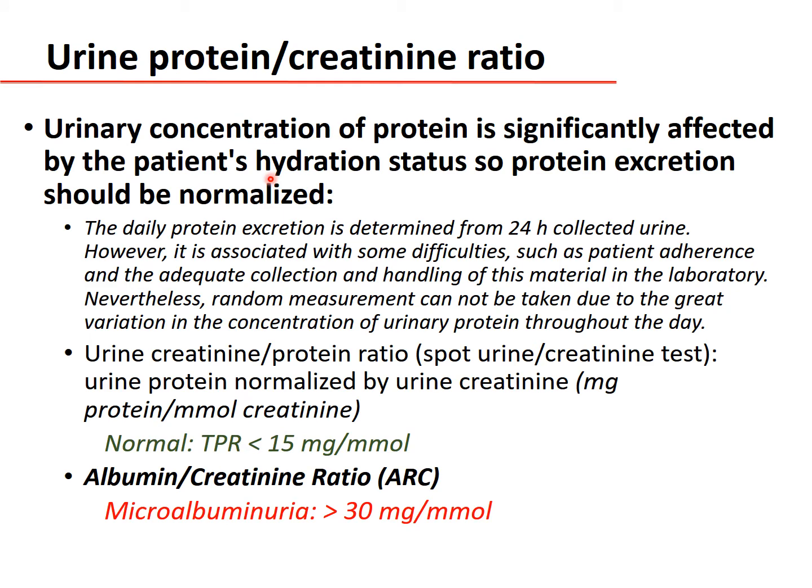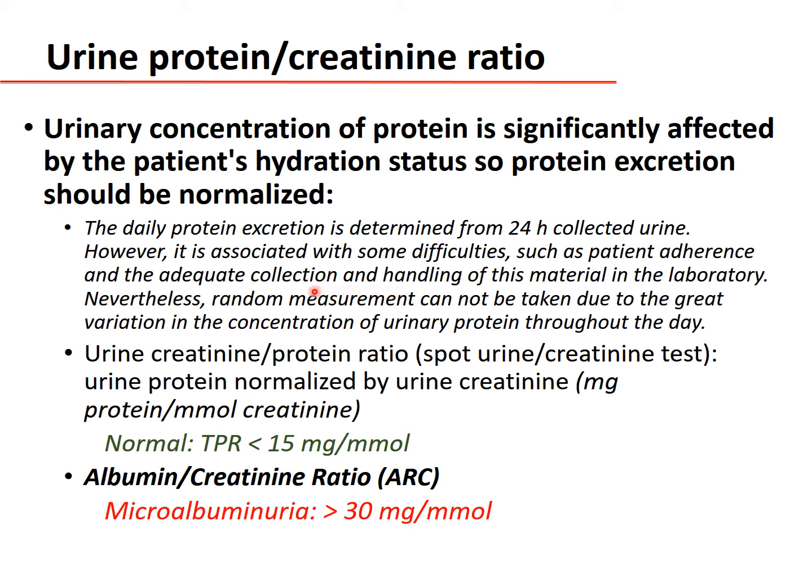Because the protein concentration depends on the hydration status, the protein excretion should be normalized. The daily protein excretion is usually determined from the 24-hour collected urine. However, it is associated with some difficulties, such as patient adherence and the adequate collection and handling of the material in the laboratory.